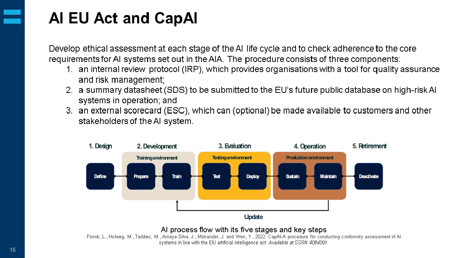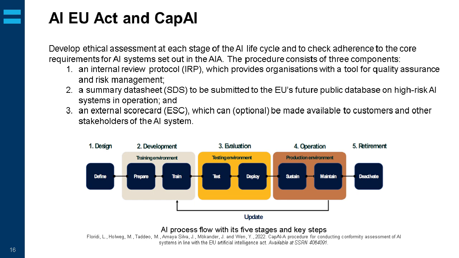You've then got a summary data sheet, which is a high-level summary of the AI's purpose, so its functionality, its performance, all of that. And then lastly, you've got an external scorecard, which is basically a summarization of all the relevant information. So again, that purpose, the values, the data, and the governance. Now, although this says it can be optionally made available to the customers, to hit that sort of trust and that transparency, that external scorecard should be made available to all.